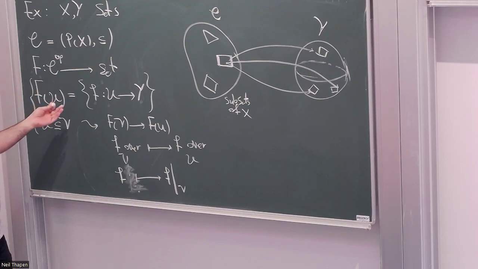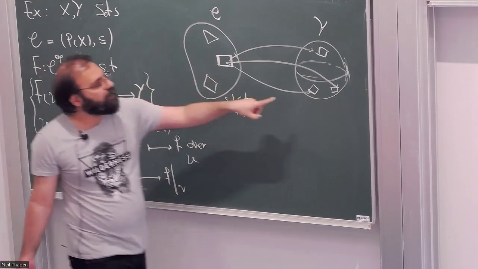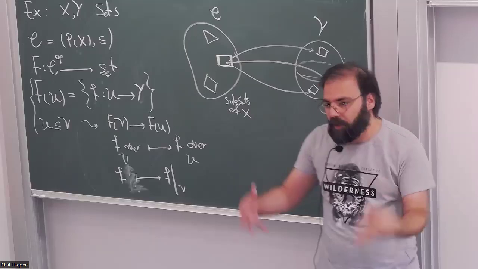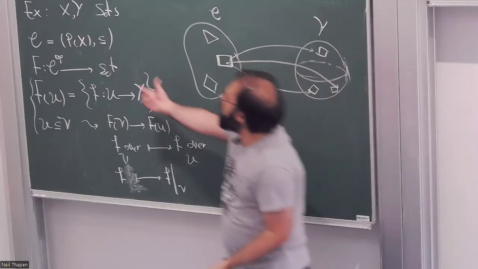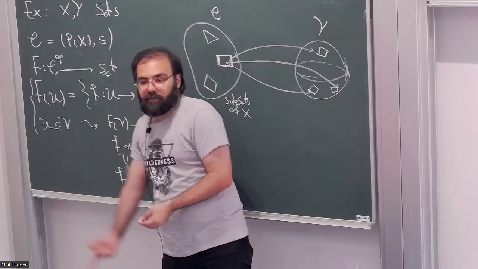But then I want to say that this functor actually encodes what? It encodes all possible local forms inside Y, local meaning subsets of X. And somehow I'm encoding Y via the lenses in X as a function.